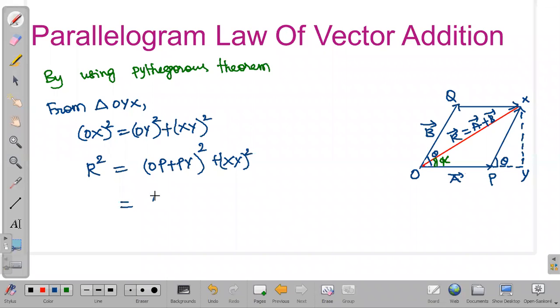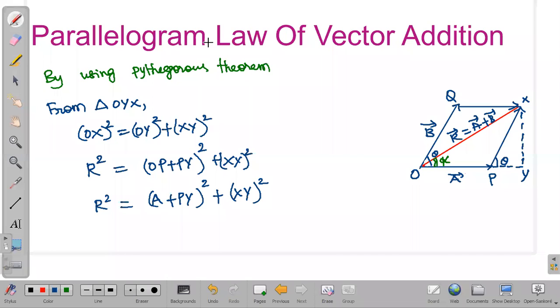OP is our A, only in terms of magnitude I am writing, so A plus PY whole square plus XY whole square. So this is R square. Now to know this magnitude, we need the PY and XY values. For that, I will calculate PY and XY and write.